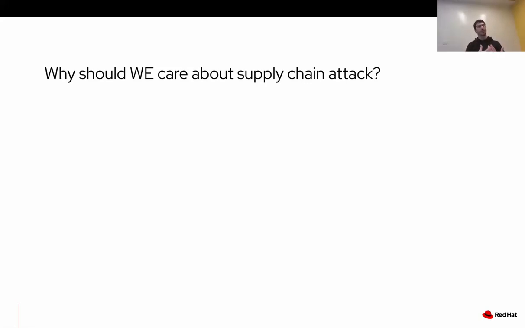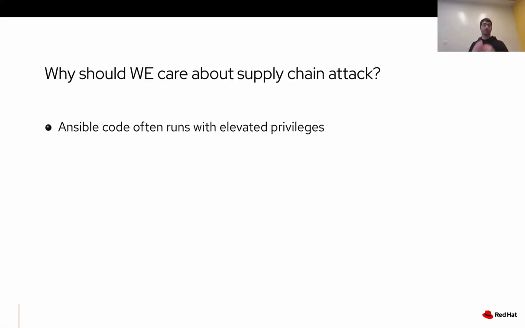Why is automation code special compared to any other kind of code? Because it is. First of all, Ansible code and, more generally, any kind of automation code tends to run at very elevated privilege. So often root or root-level accounts are used. And this is obvious, because we want to be able to use that code, the good code, not the malicious code, to actually do things that usually are only available to sysadmins.